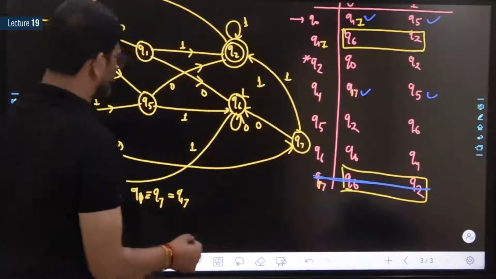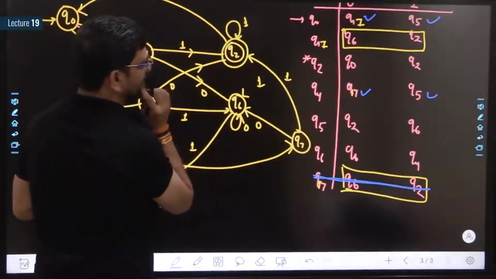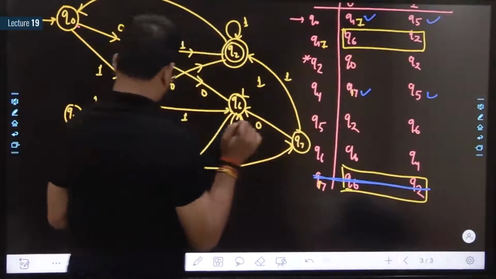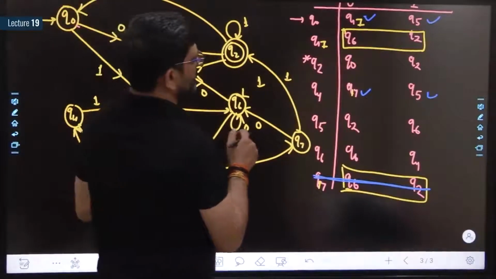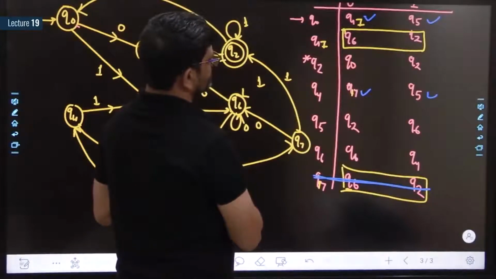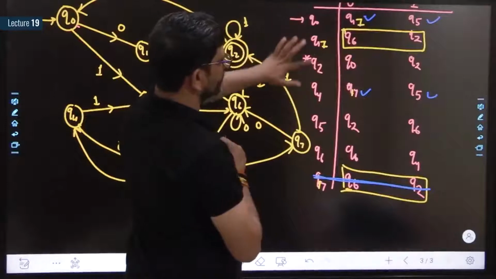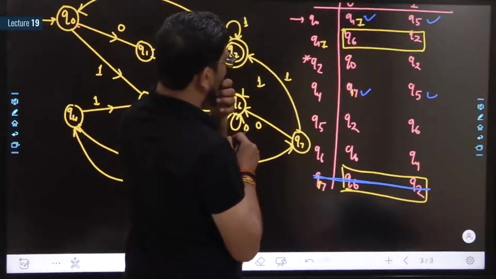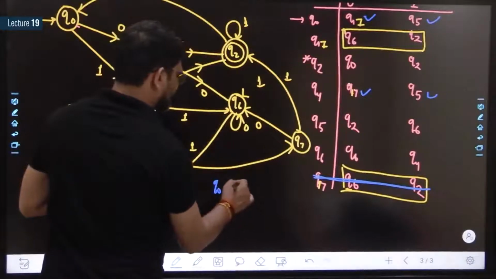It means we can merge Q0, Q4. Q0 and Q4 are equivalent.